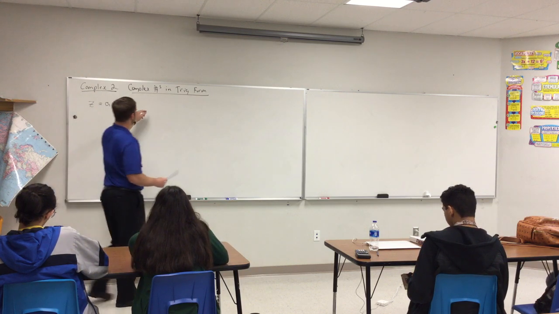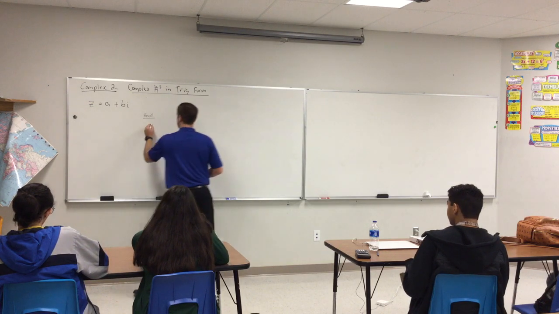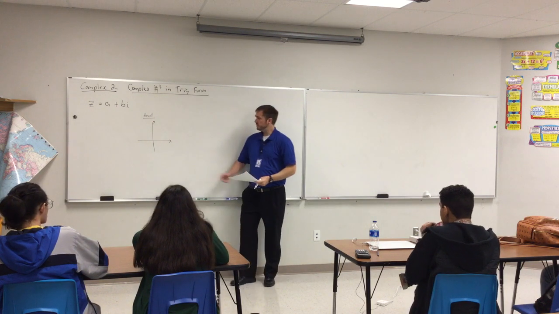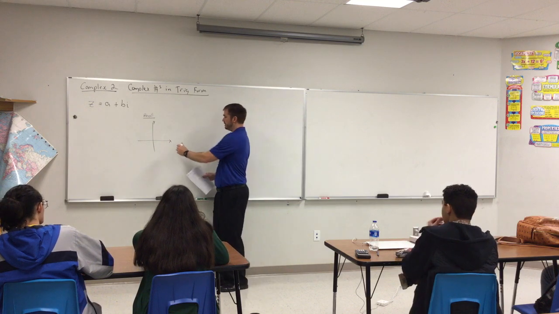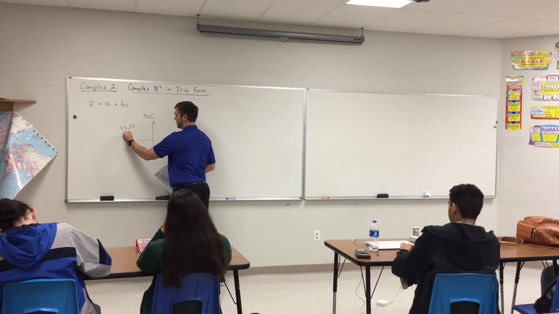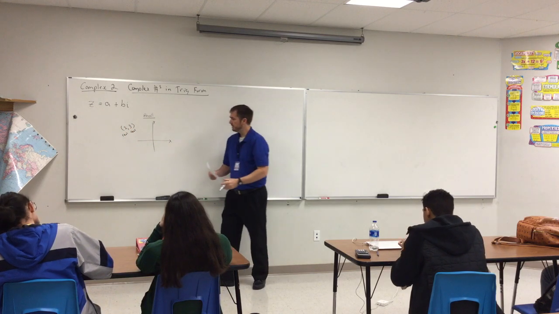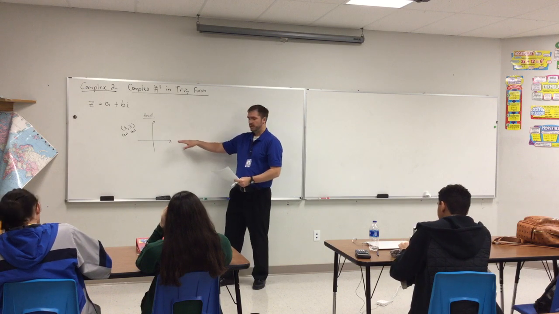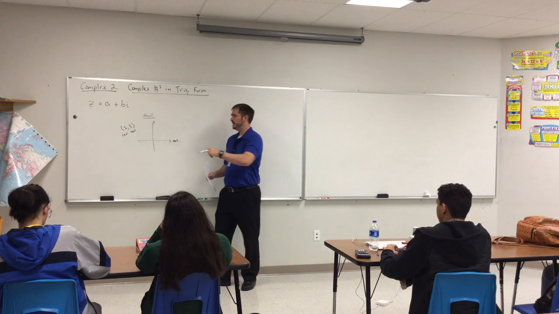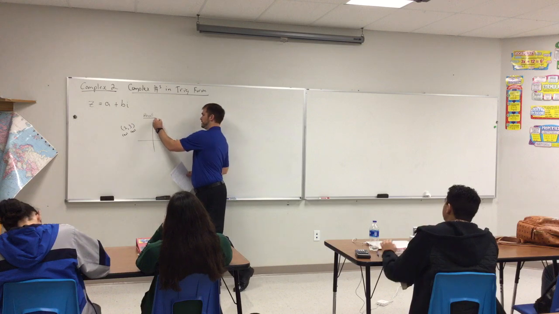Well, if you recall, this is the way that you're used to graphing things, where you have an ordered pair, like 2, 3, where this is a real number and this is a real number, and the first number you plot on the real x-axis, and the second number you plot on the real y-axis.